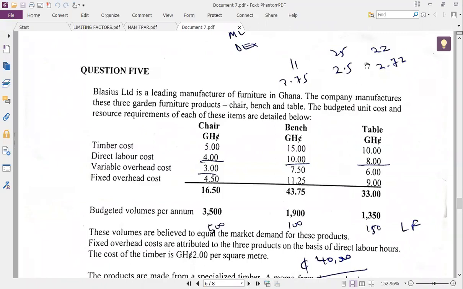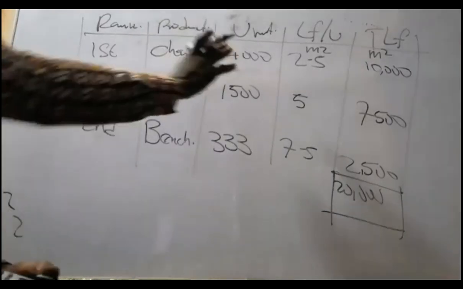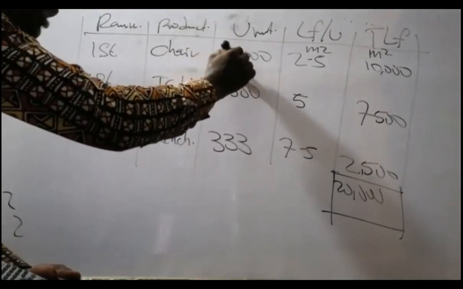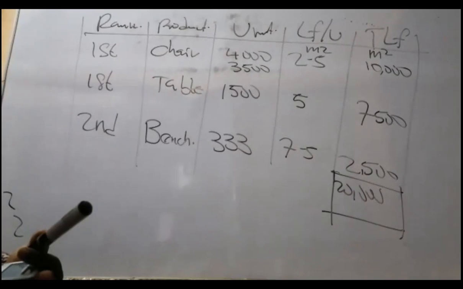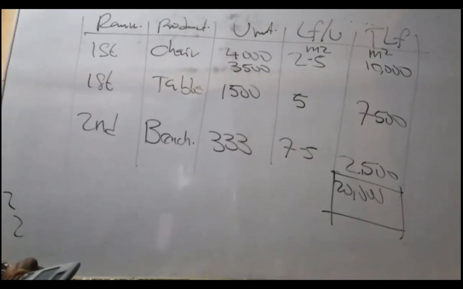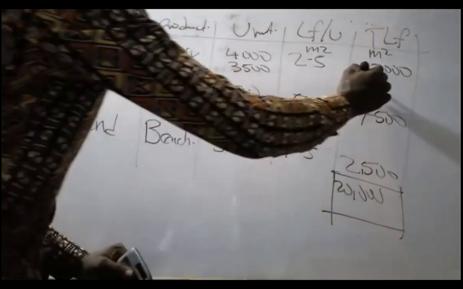Good. Now let's provide an alternative solution. What if we are using without the order? So that we know that if without the order, then here will be 3,500. So which will give us something like 3,500 times 2.5. That will be 8,750, right? I'm just doing this one as an alternative.